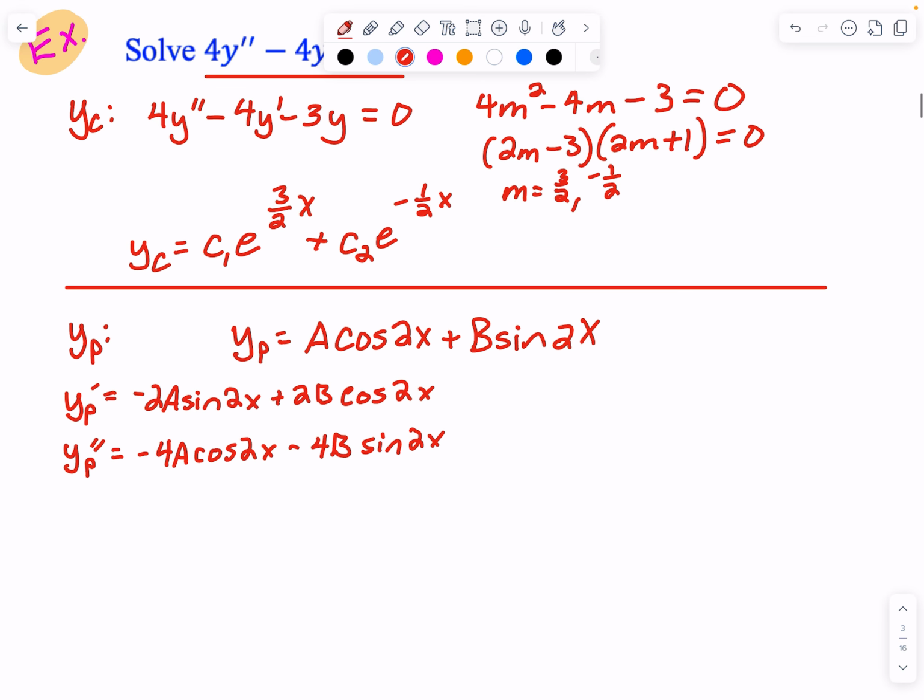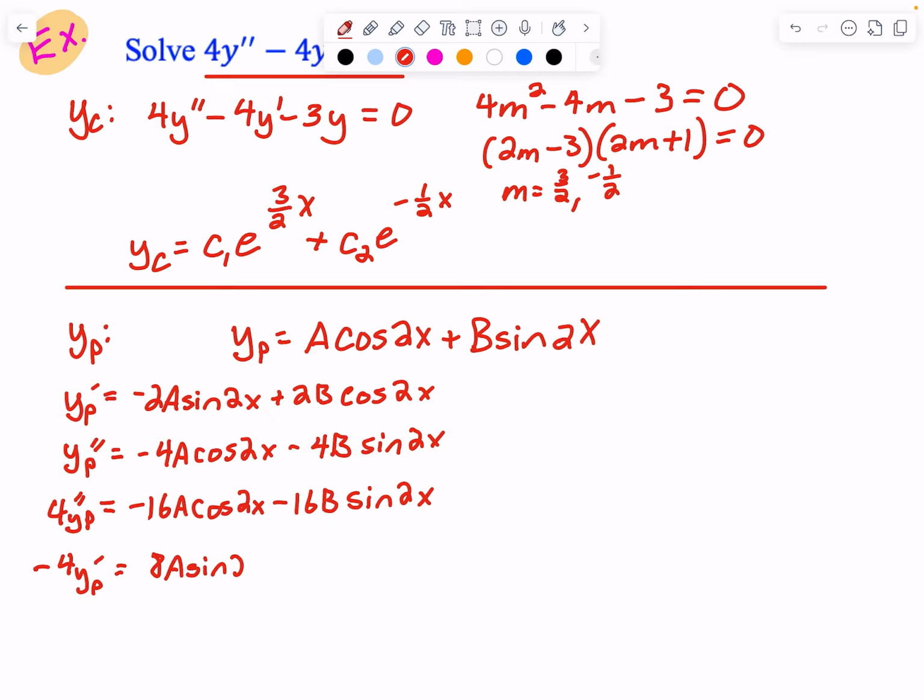I'm going to build the equation that I have up there just to try to help out. So 4 times y double prime is going to be negative 16a cosine of 2x minus 16b sine of 2x. Okay, I also need a negative 4y single prime. So I get 8a sine 2x minus 8b cosine 2x.